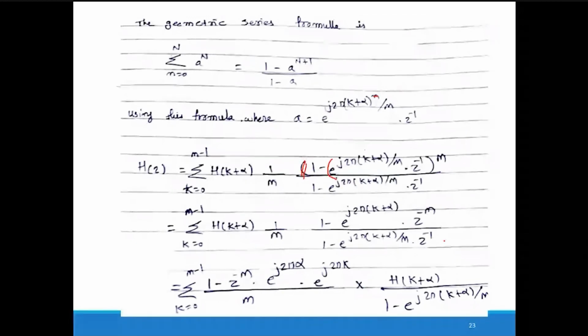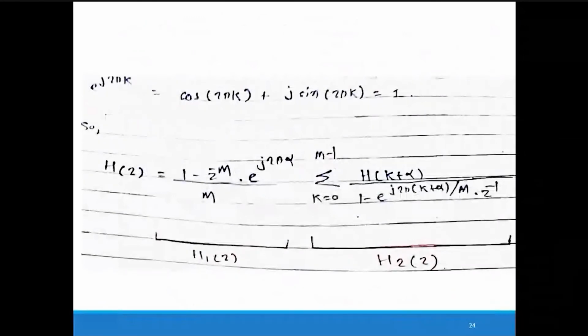So here the term whatever we have written, that is e raised to j 2 pi k. If we expand this e raised to j 2 pi k, that is nothing but cos 2 pi k plus j sin 2 pi k. The value of this term will be 1. So that term can be replaced with the value 1. So this will be our final equation.